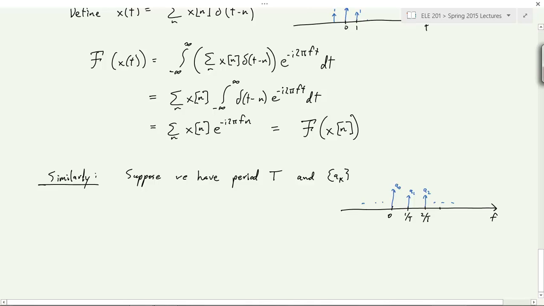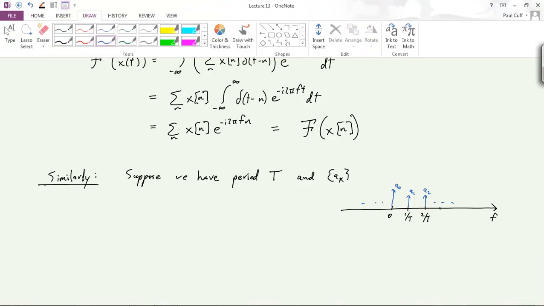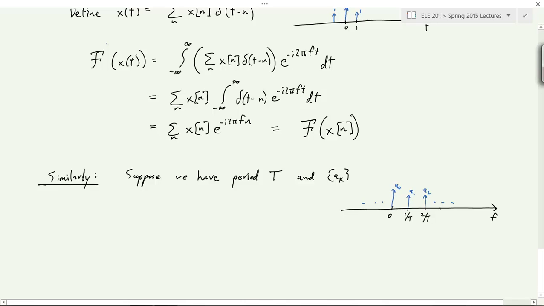Okay. So let's just define a function of f using delta functions that would correspond to this. So we could say, let's let X of f equal sum over k of a_k delta.